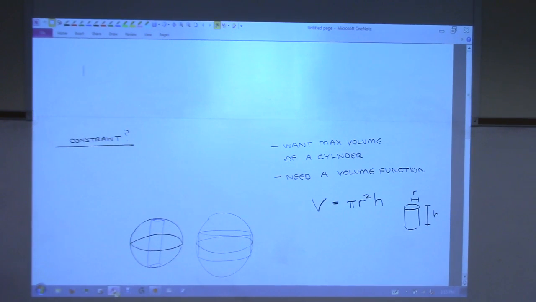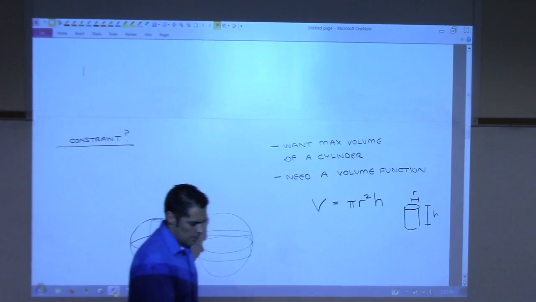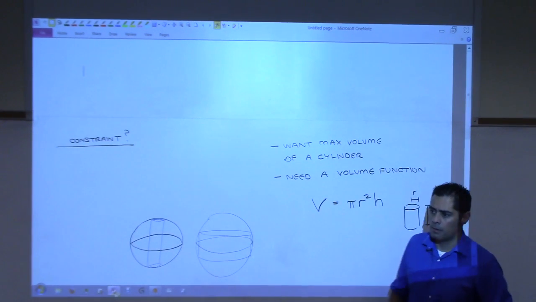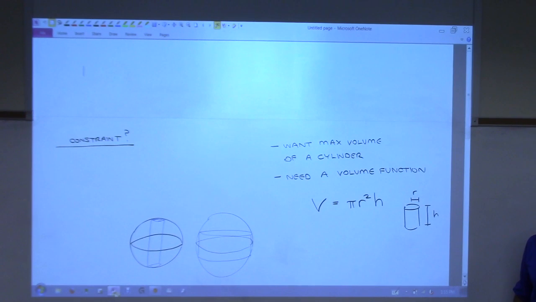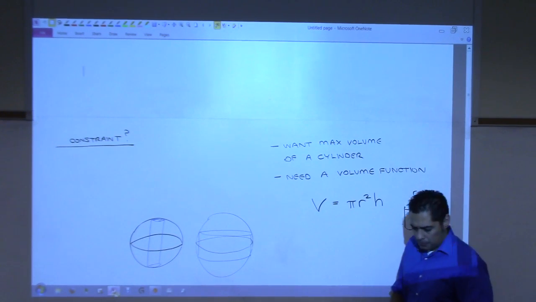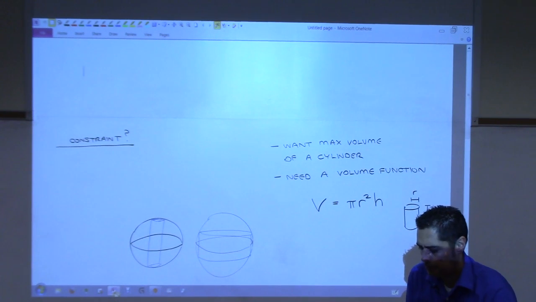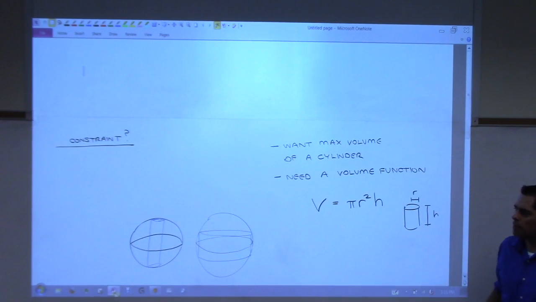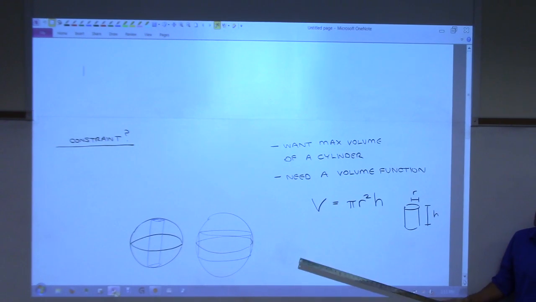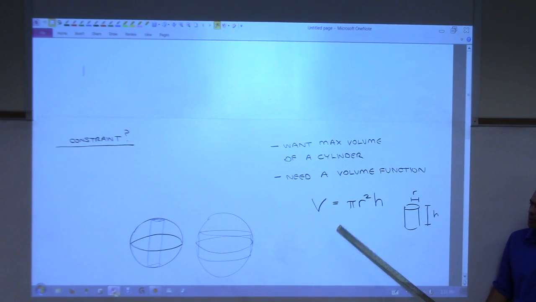Would it be the volume of the sphere minus the height of the circle? How would the volume of the sphere tie into the volume of a cylinder?